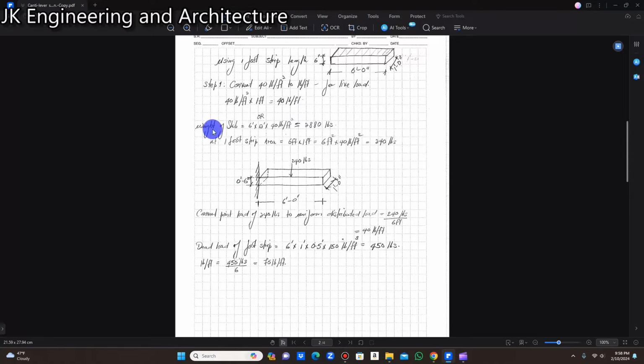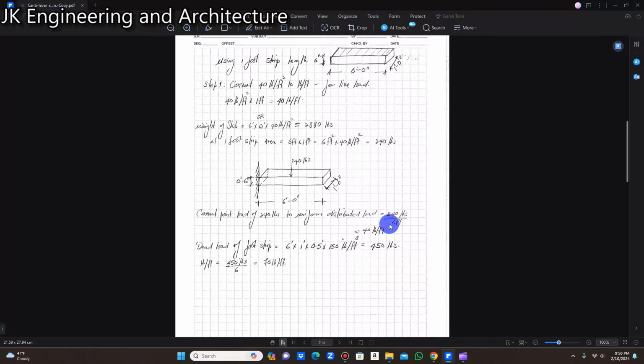This is just to show you viewers and subscribers, in the event that you don't know how I simply multiply this by 1 foot to get the 40 pounds per foot. I take you through a longer route and show you I still get back my 40 pounds per foot, when I divide the weight of the 1 foot strip by 6 feet. All right.